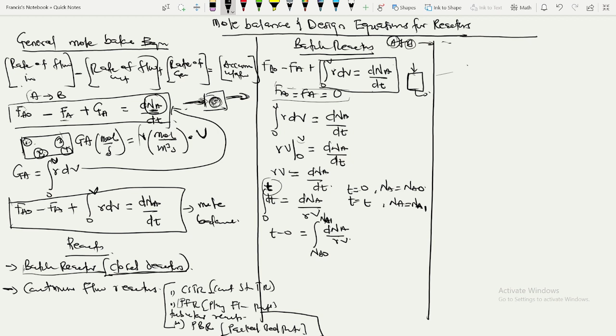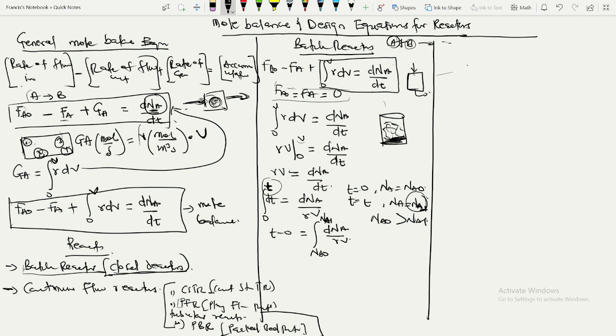But once you are looking at accumulation for batch reactors, we feed in our reactants. So let's say at time t equals 0, we have a lot of accumulation, and that is the NA0. So it means that NA0 will always be greater than NA1. And after a certain time t, your NA1 will have to reduce. We know how integration works, so we can't integrate from a lower value to a higher value.